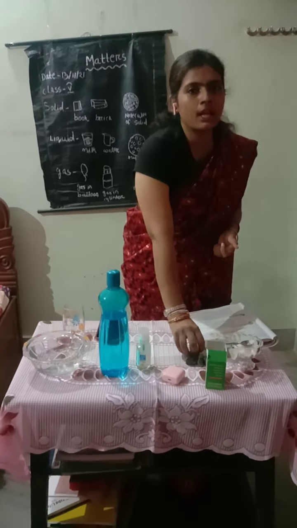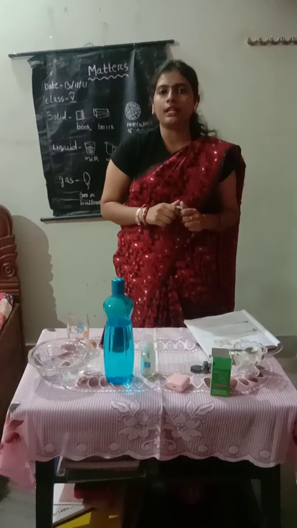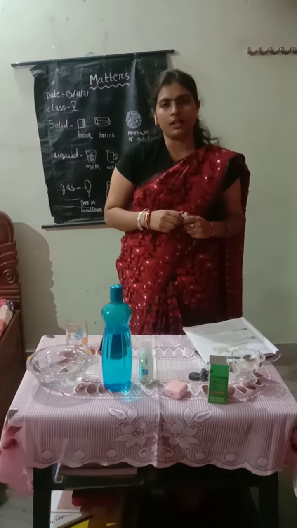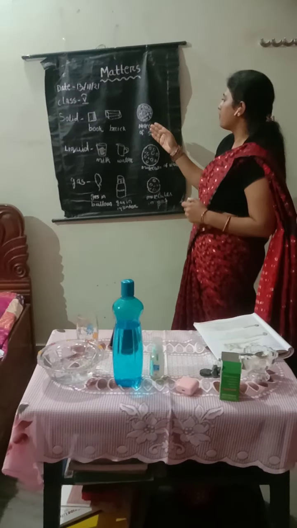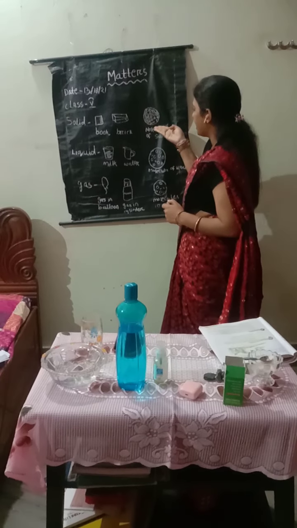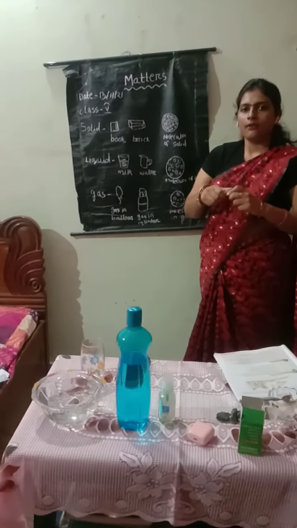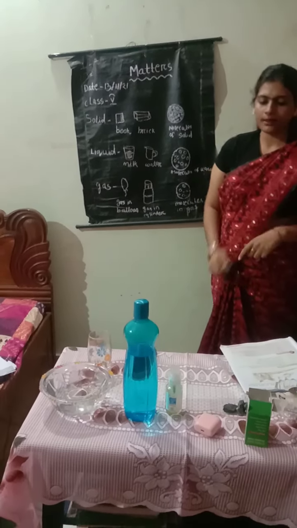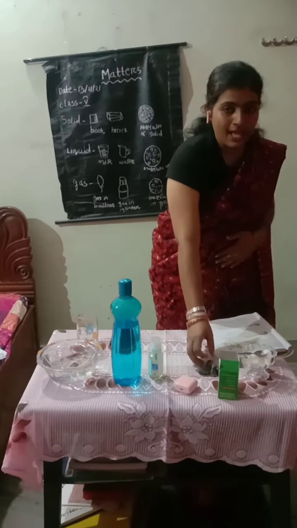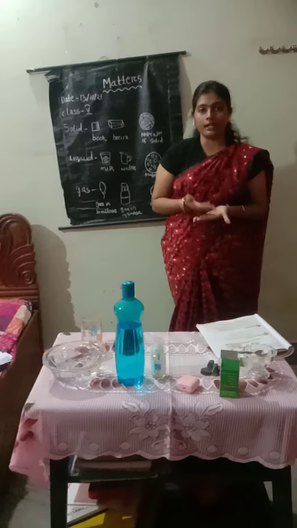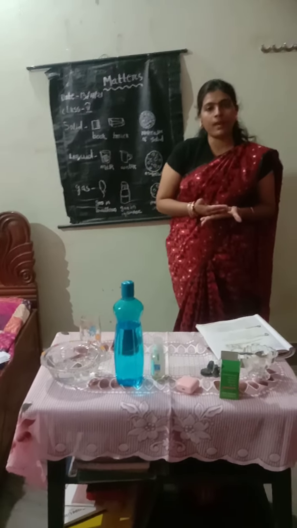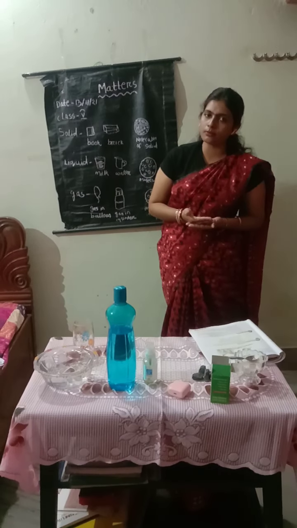When the molecules are arranged very tightly, it is very difficult to separate them. So you can see the arrangement of molecules in the solid state is very tight, and that's why we cannot separate them easily. That's why a solid has a definite shape and definite volume.